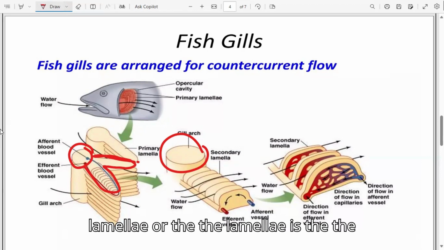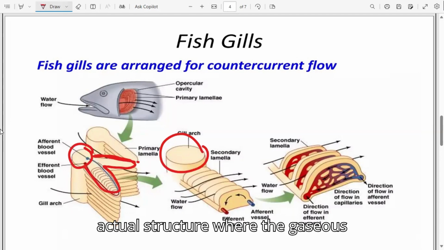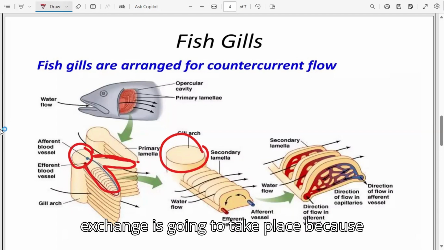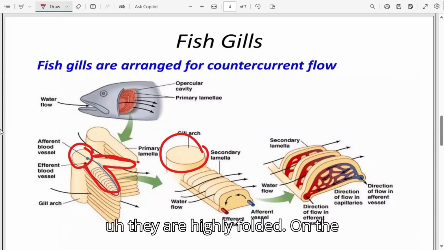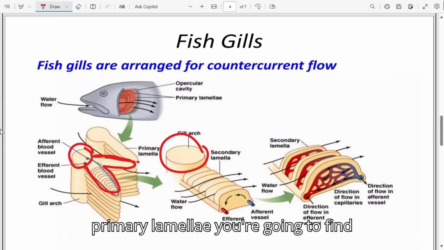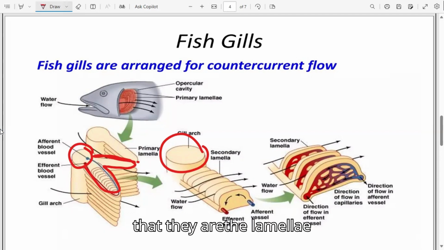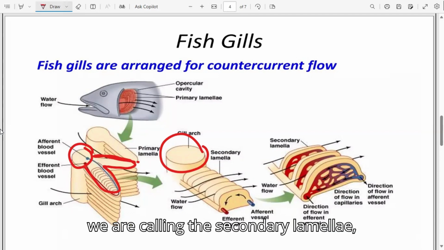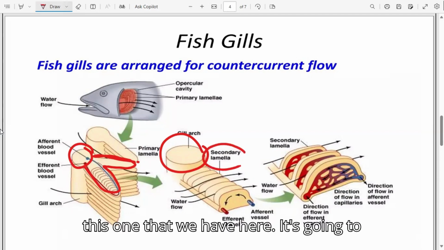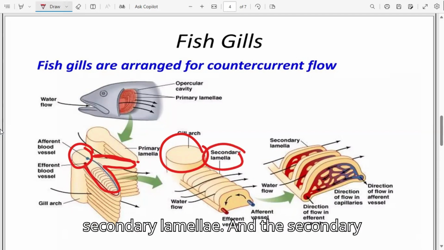The lamellae are the actual structure where the gaseous exchange takes place, because they are highly folded. The primary lamellae get highly folded into what we call the secondary lamellae.